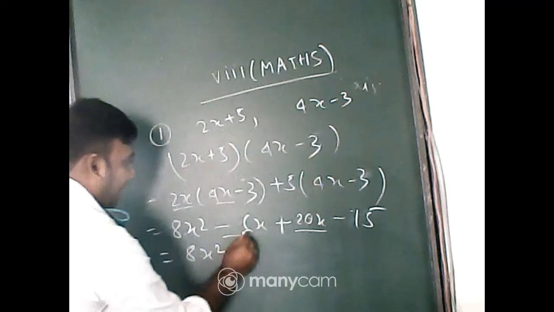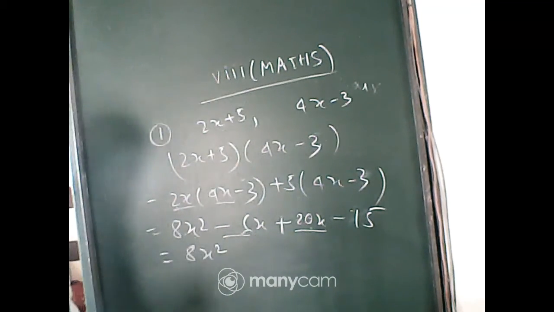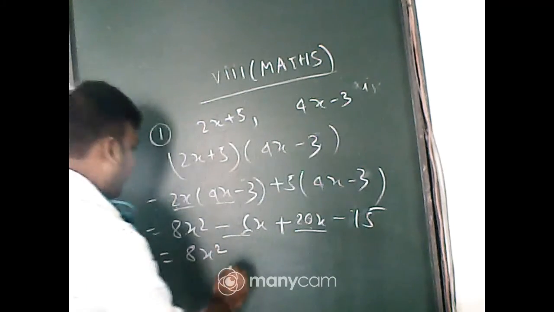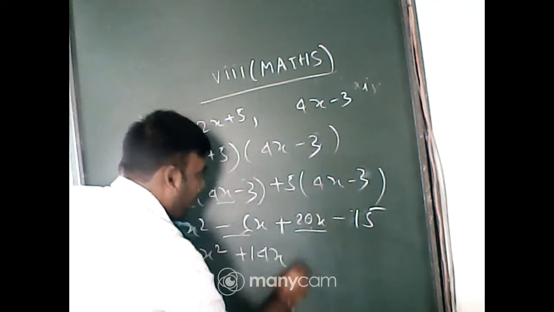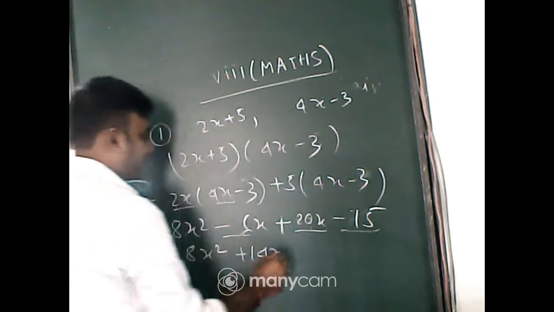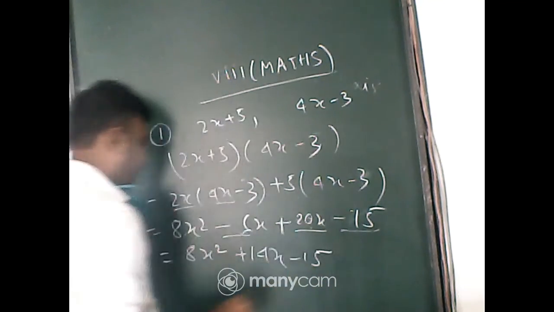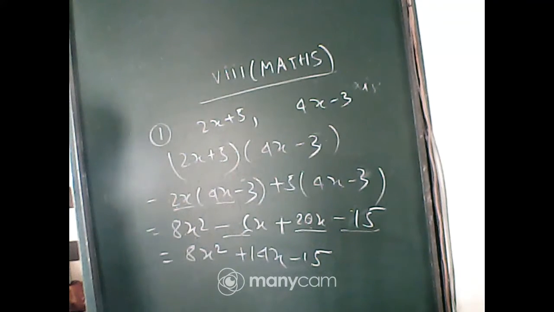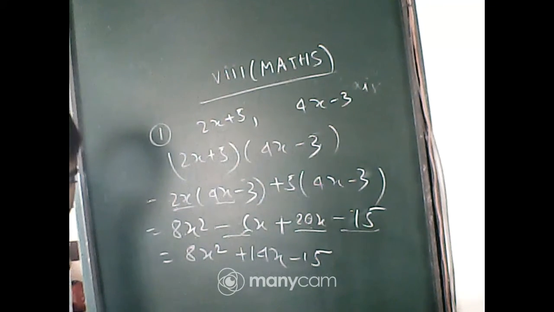So minus 6x plus 20x is plus 14x. The numerical constant is minus 15. So the answer is 8x square plus 14x minus 15.